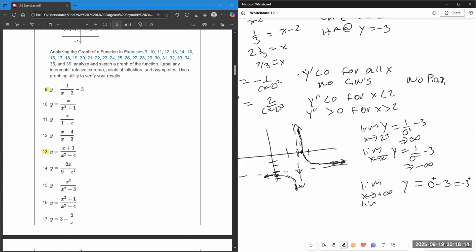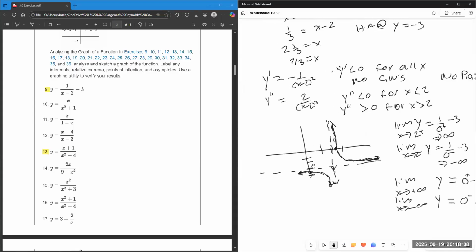And limit as x goes to negative infinity, y is equal to 0 from the bottom minus 3, which is -3 from the bottom here. And that's our first problem where we were sketching a graph.